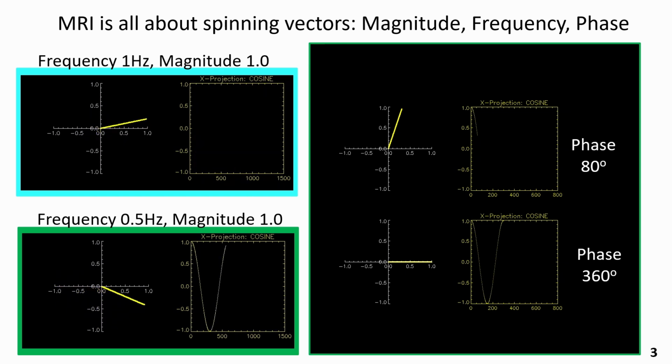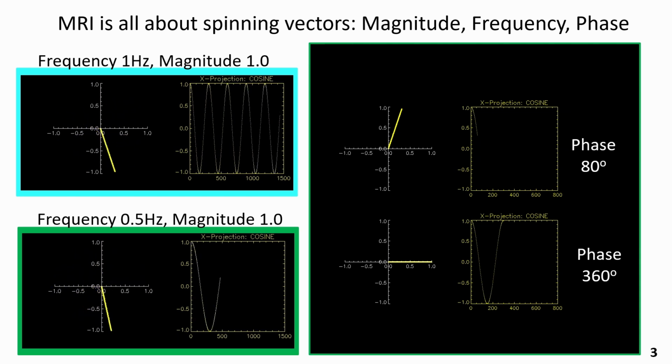At the bottom, you see a photo of the vector when it has completed a full circle of 360 degrees. The vector has a phase of 360 degrees. In the same way that you think of frequency as the speed of spinning, you can think of phase as the position of the vector at any given time when we decide to take a photo.